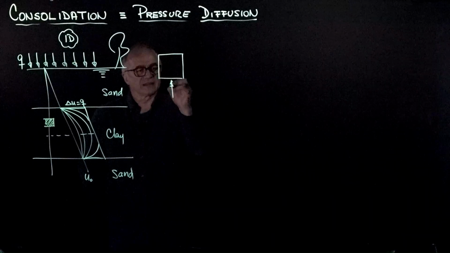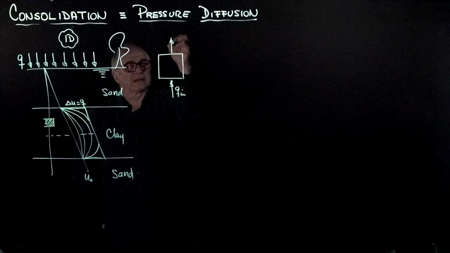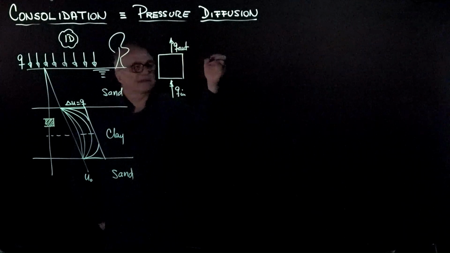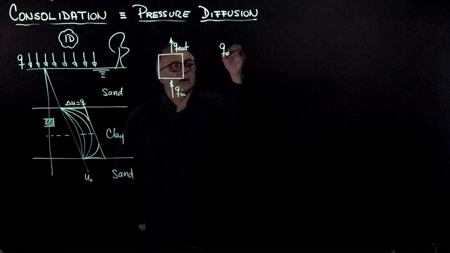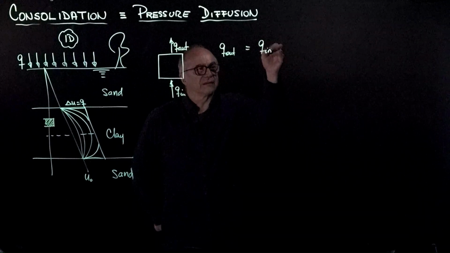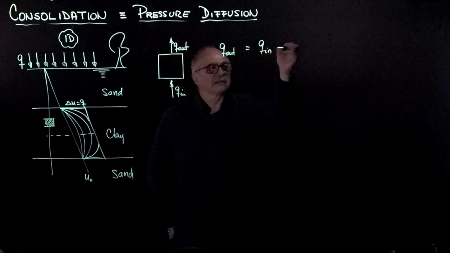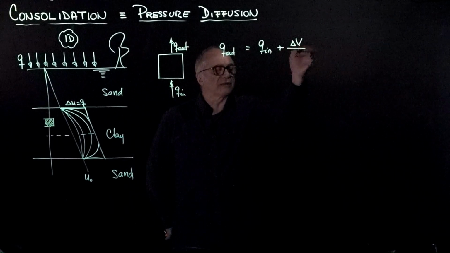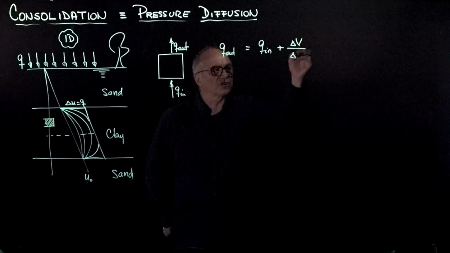So this is the flow that came in, and this is the one that came out, in such a way that Q out is equal to Q in, in cubic meters per second, plus the change in the volume of the element in a given period of time, so the rate of change in the volume.